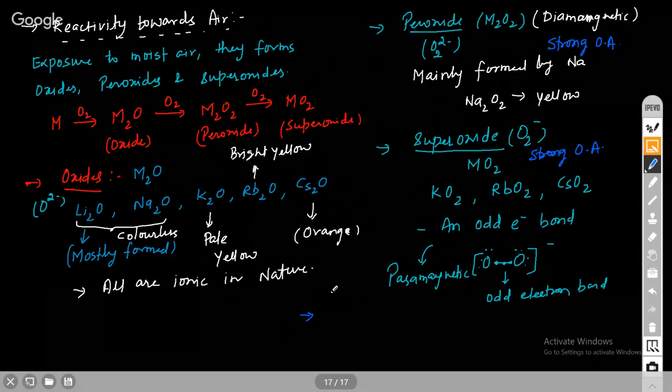In other words, the tendency to form peroxide and superoxide increases as we go down the group, since they are getting more stable. So the stability of peroxides and superoxides increases as we go down the group. This is an important point we have. Understood?